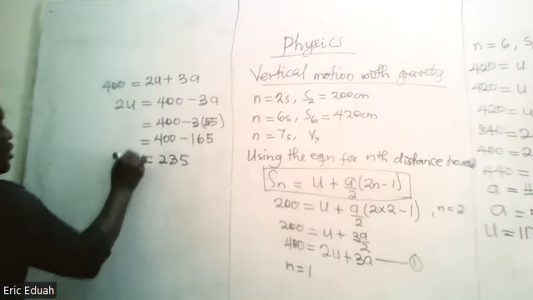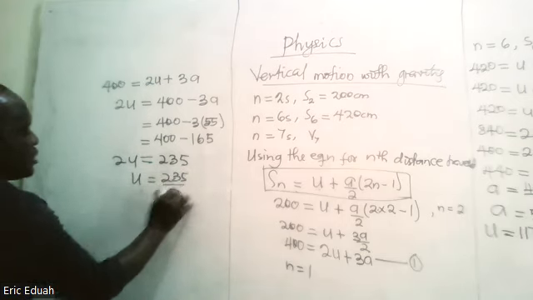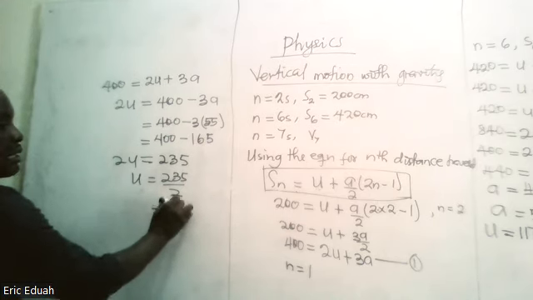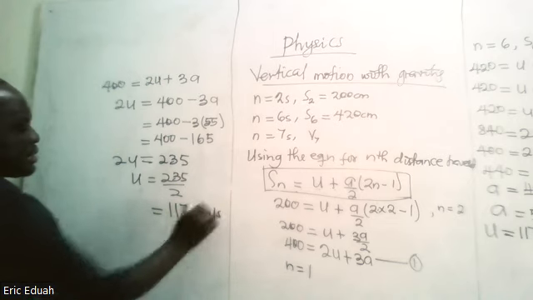So u is equal to 235 on 2, and that will be 117.5 centimeters per second.